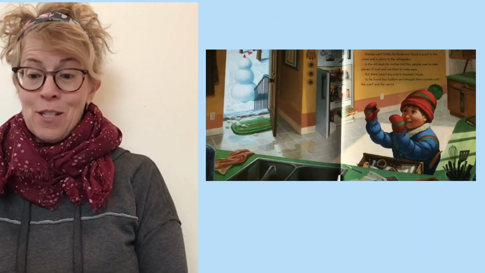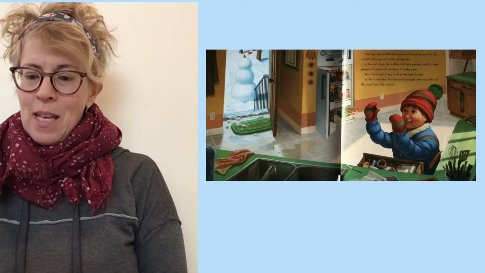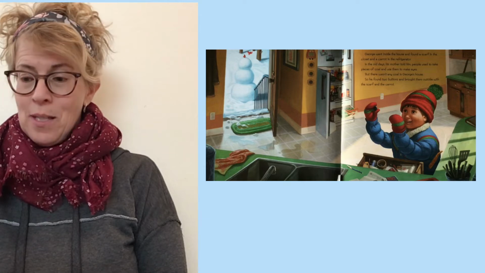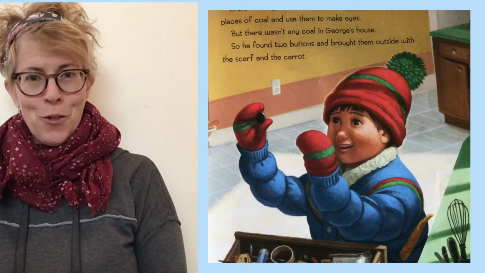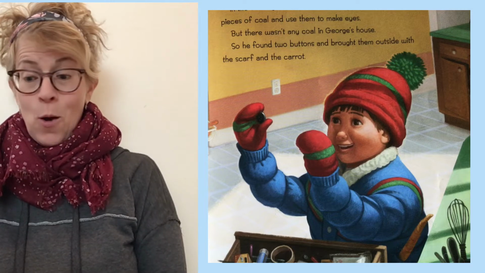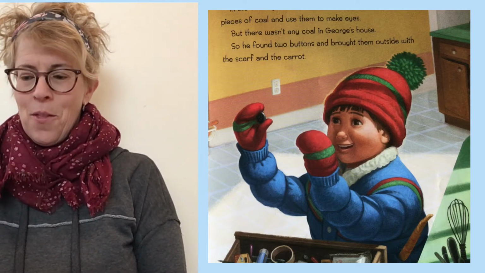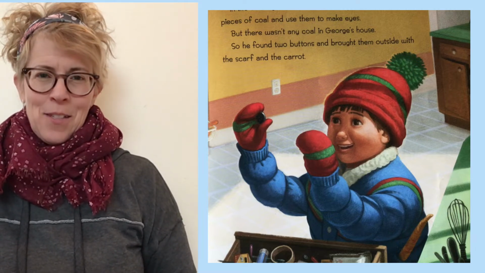Let's see, George went into the house and found a scarf in the closet and a carrot in his refrigerator. In the old days, his mother told him people used to take pieces of coal and use them to make eyes for snowmen. But there wasn't any coal in George's house, so he found 2 buttons and brought them outside with the scarf and the carrot.